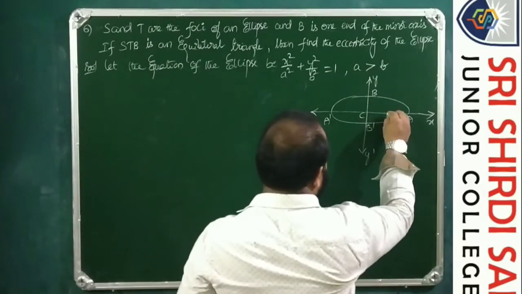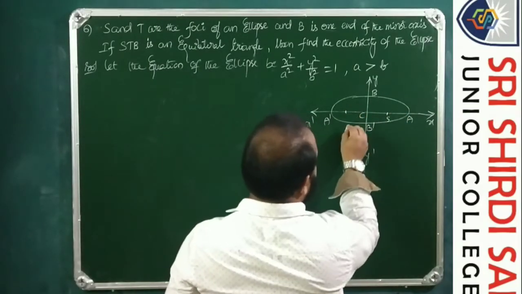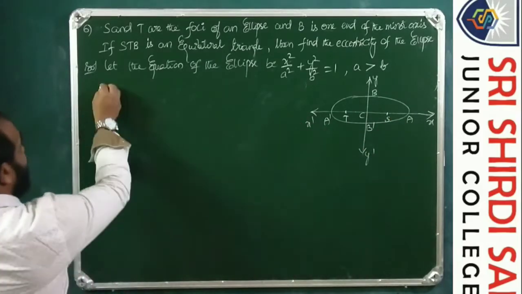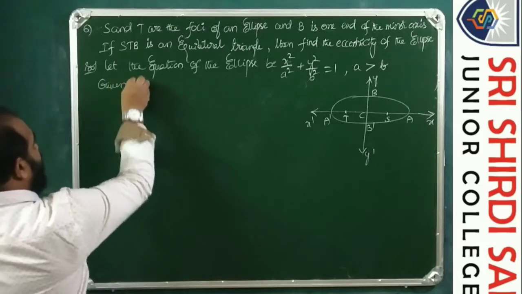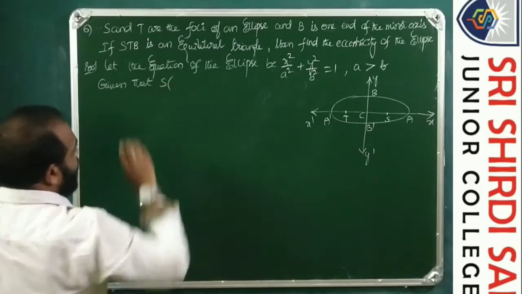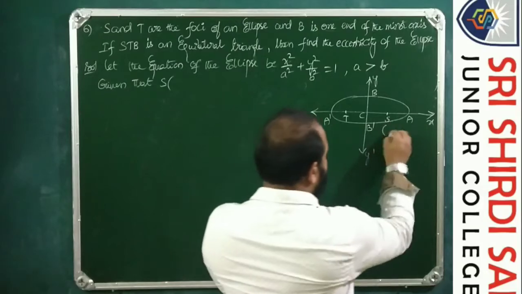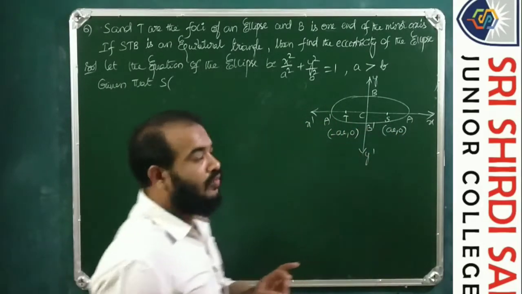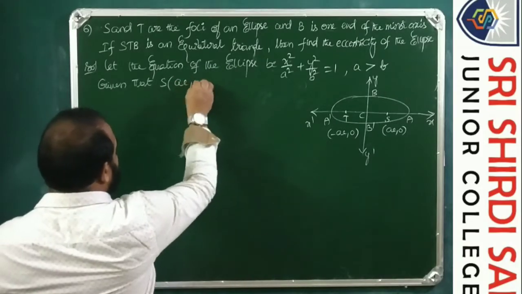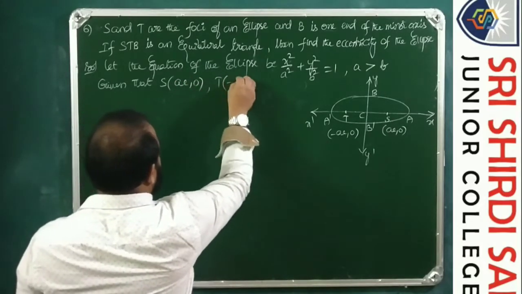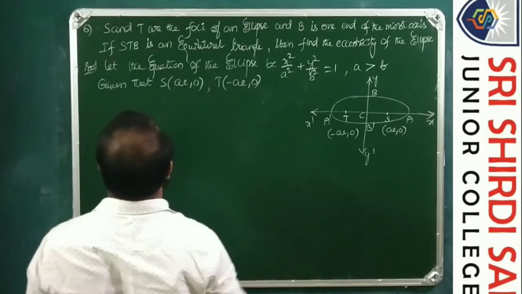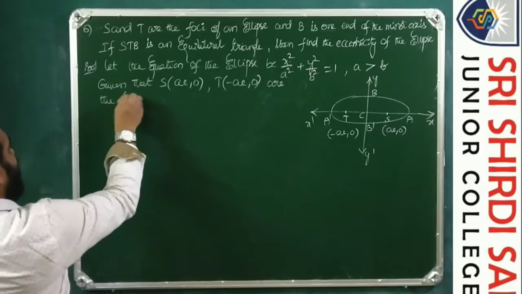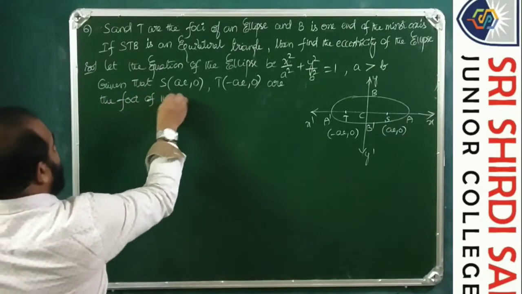So let us suppose this is S and this is T. So given that S is AE comma 0, this is minus AE comma 0. Given that S AE comma 0 and T minus AE comma 0 are the foci of the given ellipse.